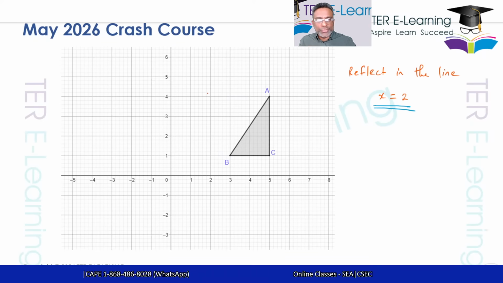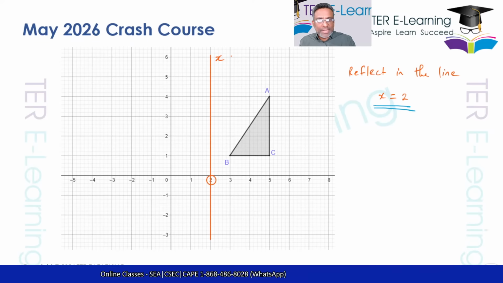So what you're going to do, you're going to draw the mirror. So this here is going to be the mirror, right? And if you notice, it's passing through x is equal to 2. So this mirror line here is x is equal to 2. And if I want to reflect it in that line, then we start off with any one of the points. So this is going to be B prime here. C is going to be 1, 2, 3 units behind. So that's 1, 2.